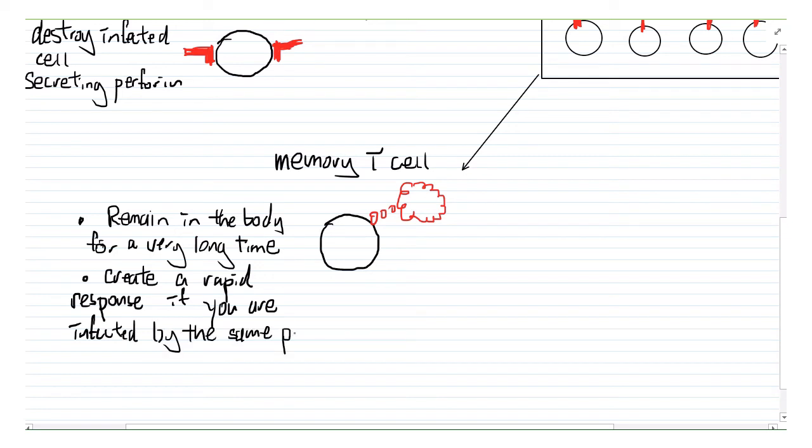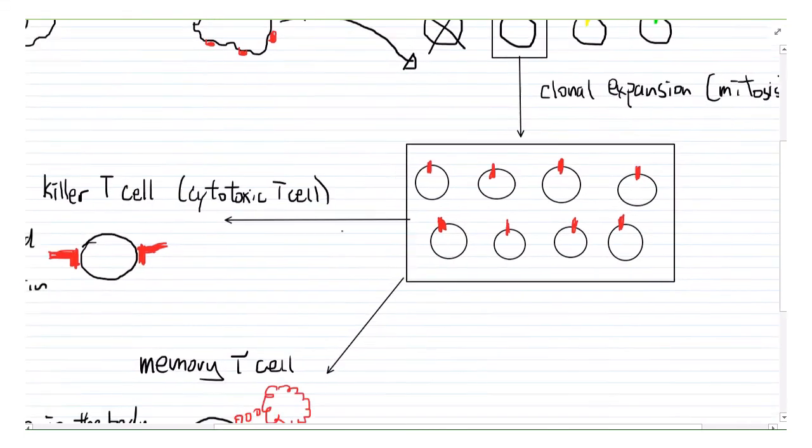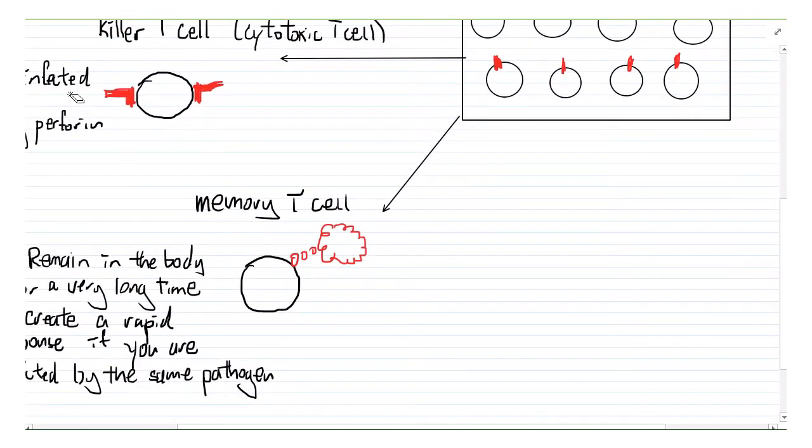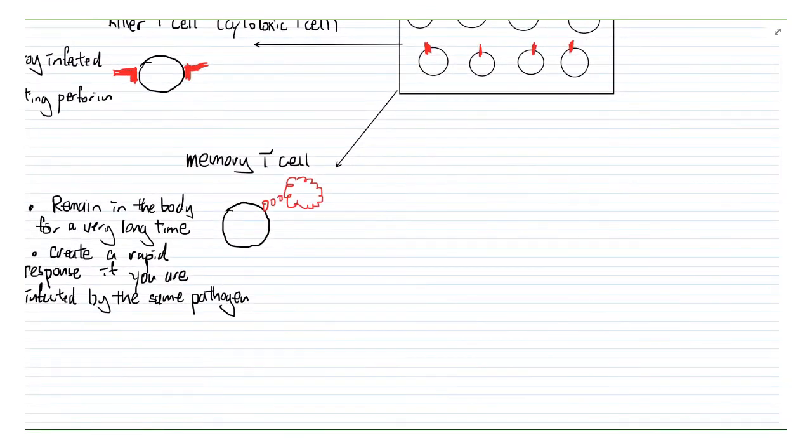So next time if you get infected by this red pathogen again, you don't have to go through this whole selecting process. You recognize it, you can skip directly to differentiating into the killer T cells and help deal with it.